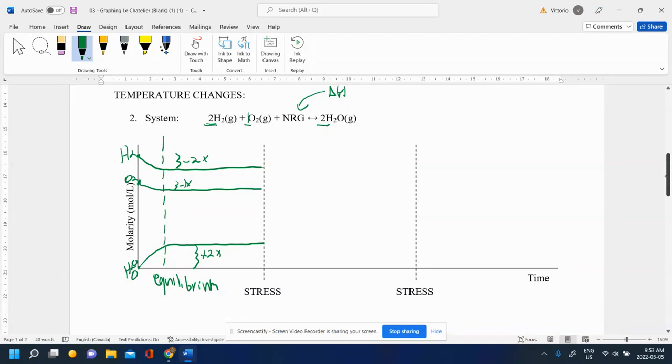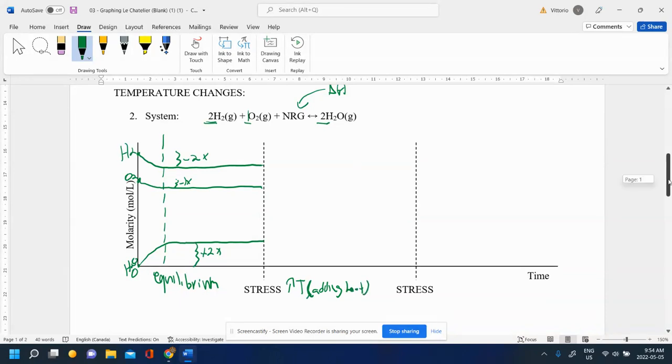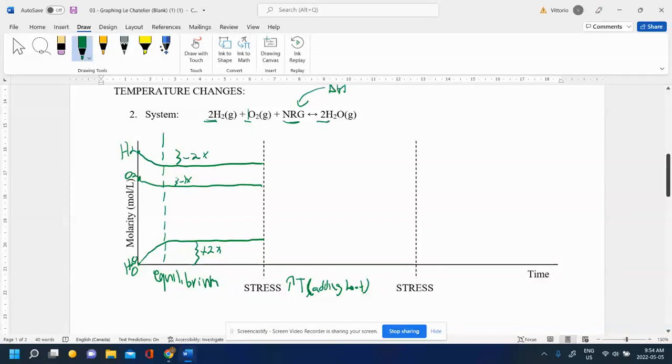Now we're going to add a stress to our equilibrium system. Let's increase the temperature. If our stress is increasing the temperature, we are basically adding heat or energy. So we've added a lot of heat, and the heat's on this side here.